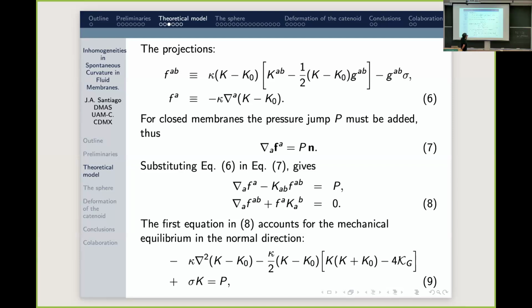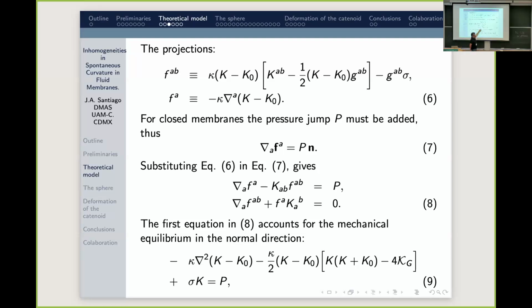If the membrane is closed, we have to include the pressure jump on the right-hand side. And then when substituting this equation, we obtain the first one, which is only the equilibrium in the normal direction, the Euler-Lagrange equation, right?